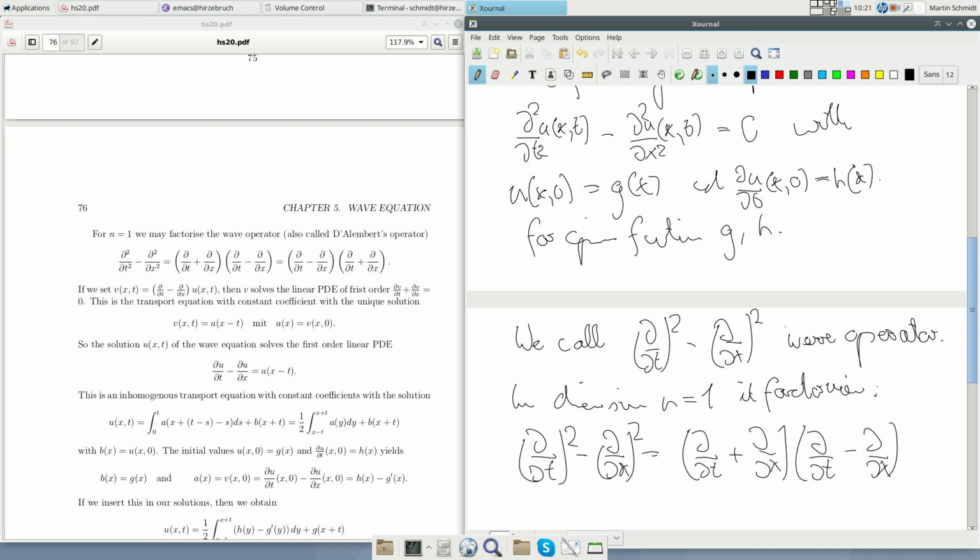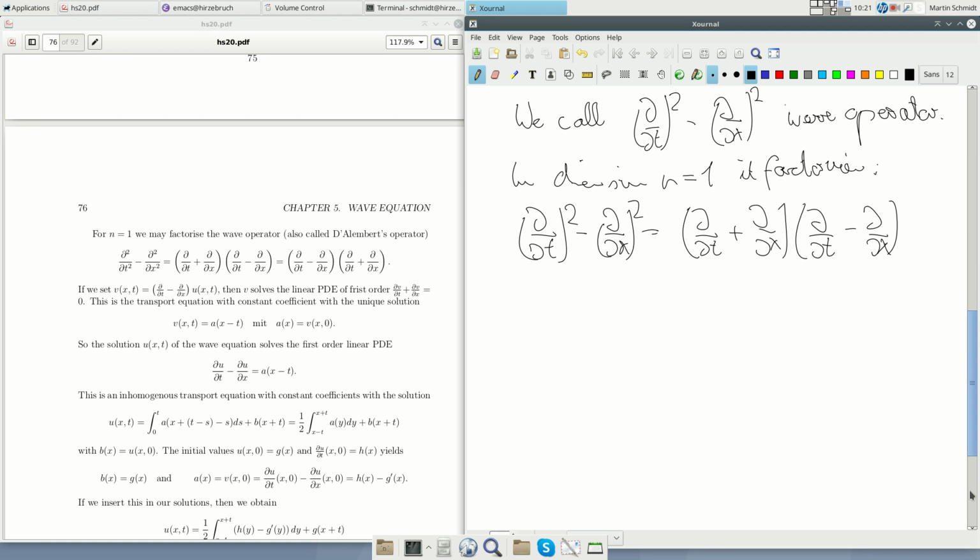This is true since the partial derivatives commute, if the solution is twice differentiable.